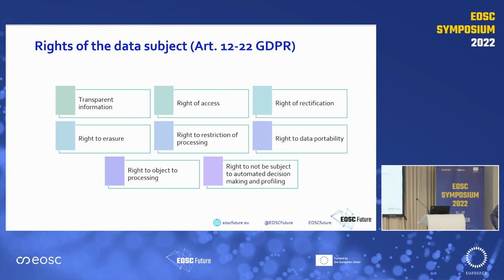And the second one is the right of access. It means you can go to any controller processing personal data on you and execute your right of access, and then this controller has to provide you with a full copy of any information that this controller processes on you in a common digital or electronic format. A few years ago it was sufficient if the controller just told you, we are processing some of your data like your name, your email address, and that's it.